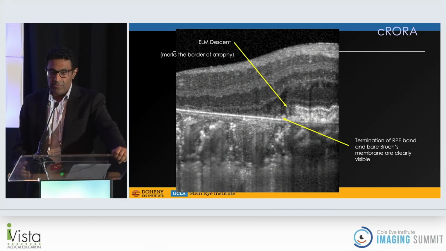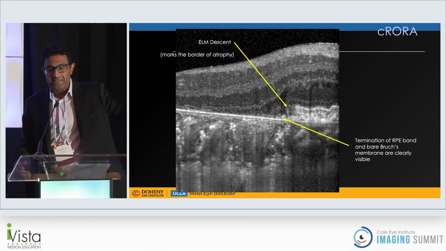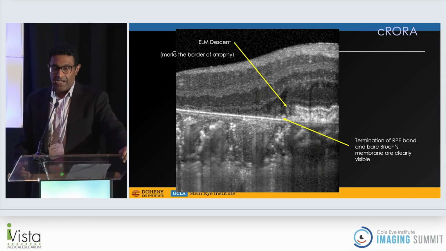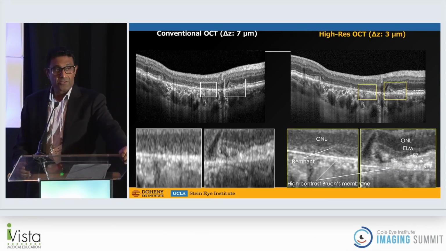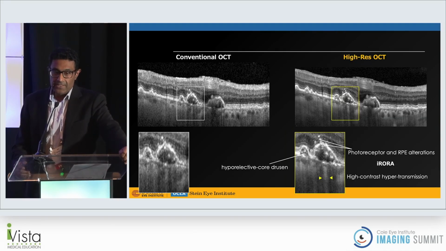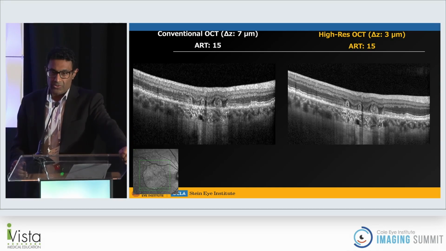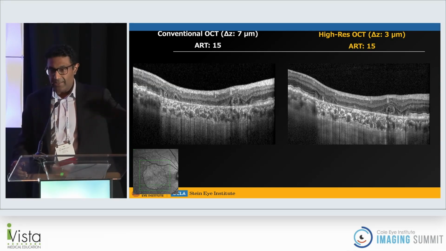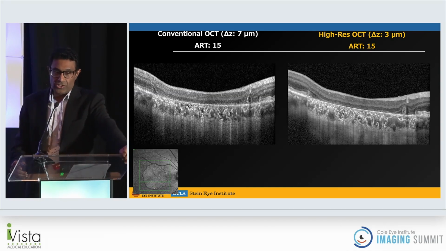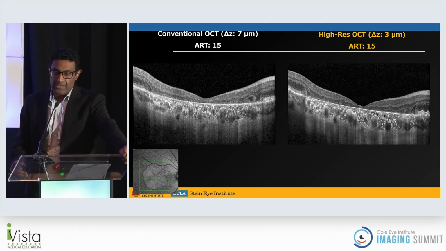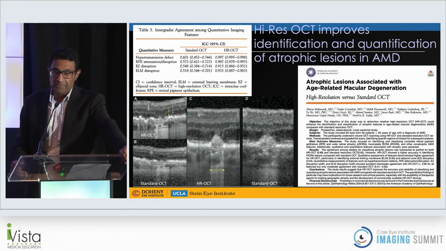But when you're trying to evaluate the outer retinal bands, you can see where that last RPE cell is hanging on for dear life before you end up with none. This is where it's been strikingly different for us, whether it's also evaluating some hyperreflective drusen cores and the like. I also want to highlight this feature of outer retinal tubulation, which again is easier to distinguish with high-res OCT.